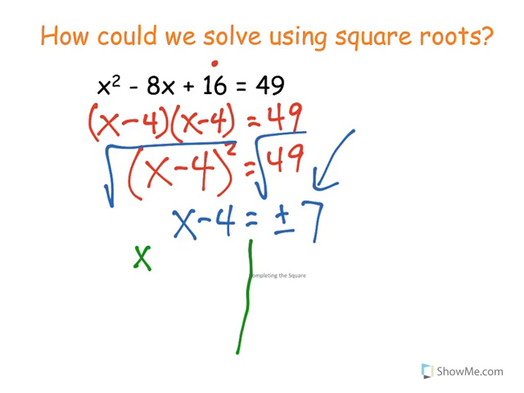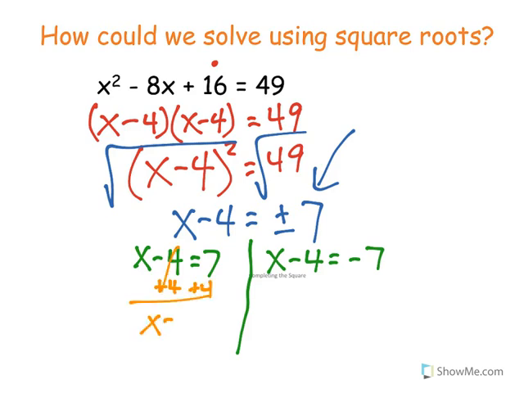And again, one case is that x minus 4 is equal to 7. And the other case is that it's equal to negative 7. So one solution is that x is equal to positive 11. And one solution is that x is equal to negative 3.